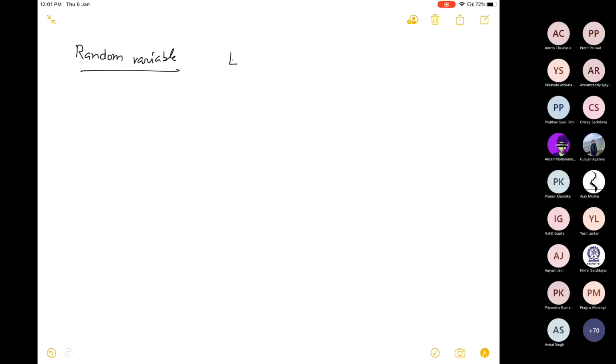So we have an experiment, a sample space and a sigma field, which you can take as the power set.